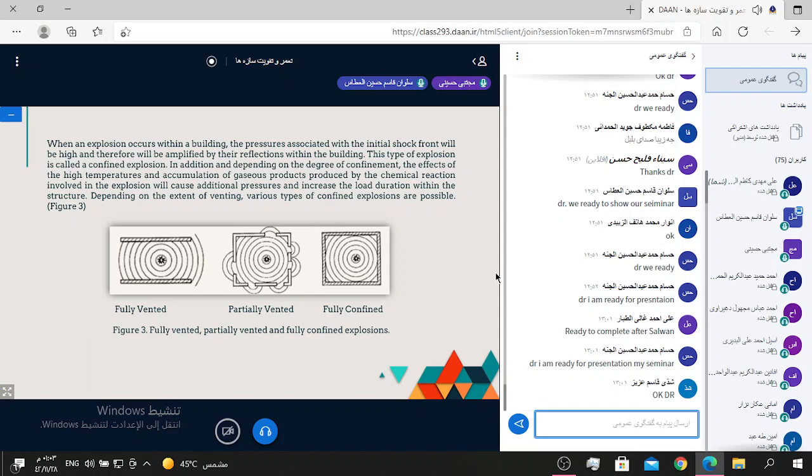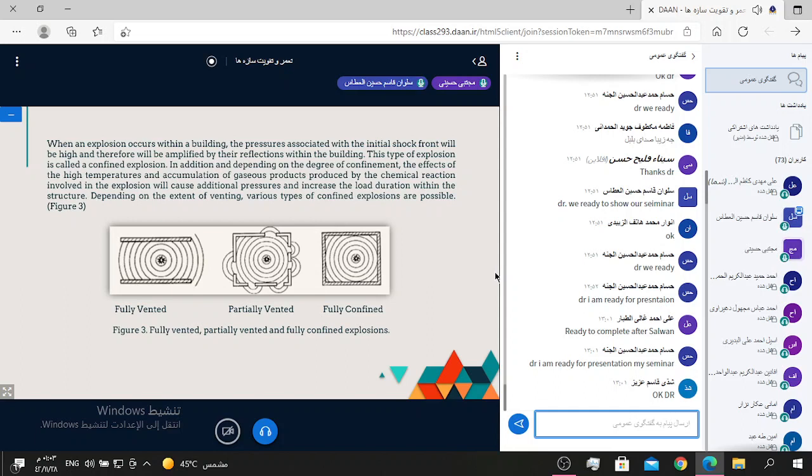When an explosion occurs within a building, the pressure associated with the initial shock front will be high and therefore will be amplified by its reflections within the building. This type of explosion is called a confined explosion.